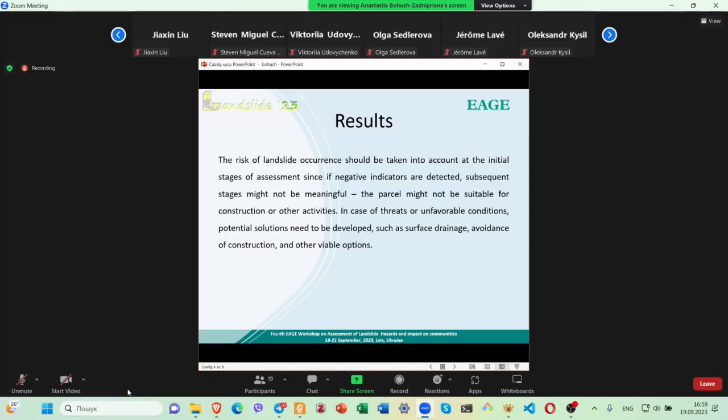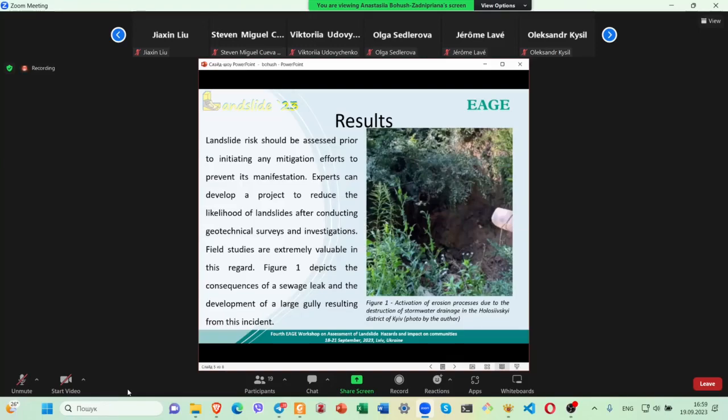In case of threats or unfavorable conditions, potential solutions need to be developed, such as surface drainage, engineering of construction, and other viable options. Individuals, particularly experts in this field, should possess a high level of expertise, since even a small oversight could lead to disaster or other extraordinary situations.